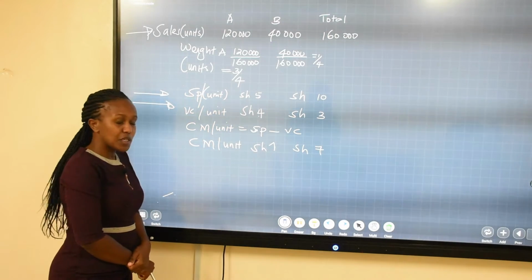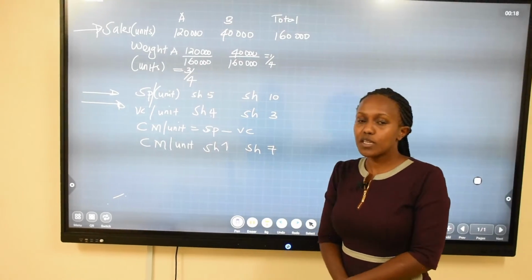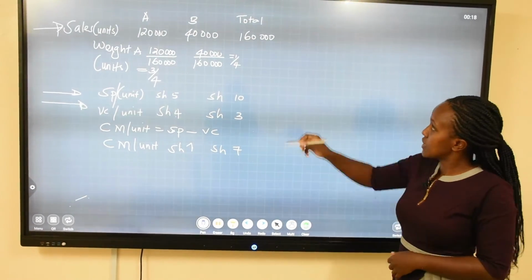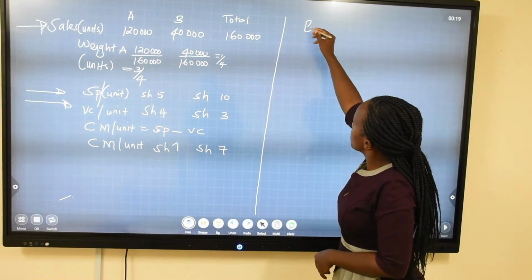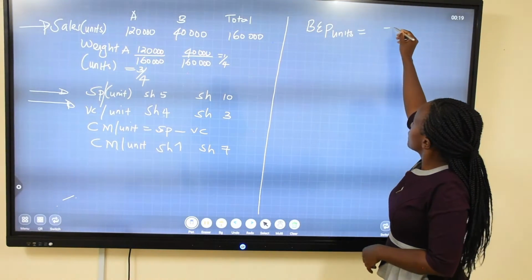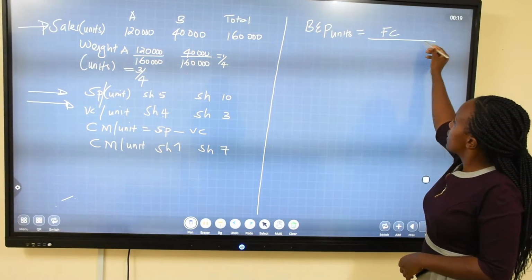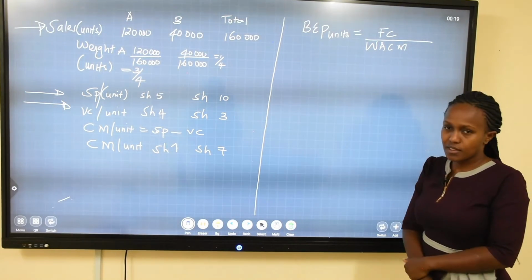Now, what we require from our first question is to get the break-even point in units. So I can come here and say the break-even point in units is equal to fixed cost over weighted average contribution margin.